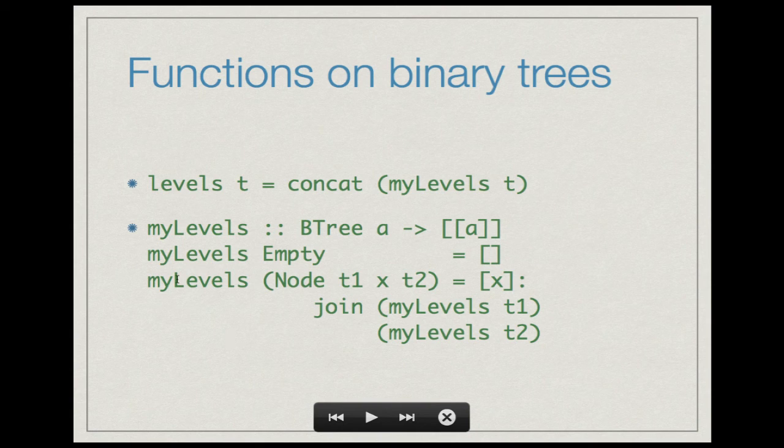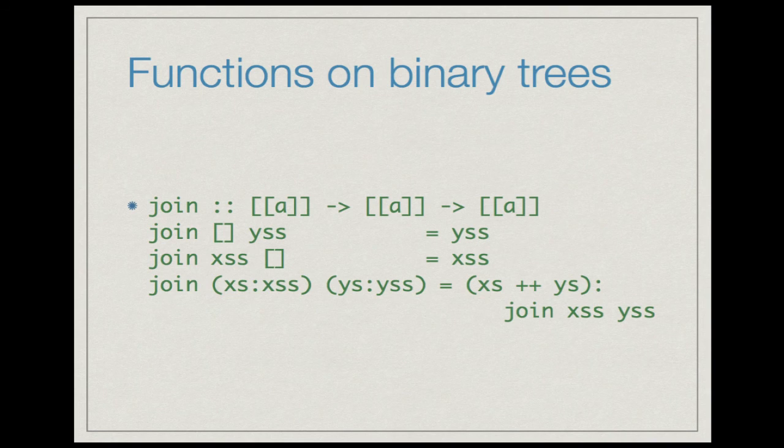So the definition of myLevels of node t1 x t2 is the list consisting of x coming in front of join of myLevels t1, myLevels t2. The code for join is given here.